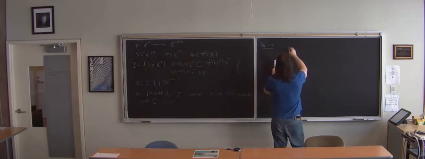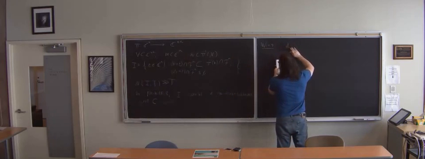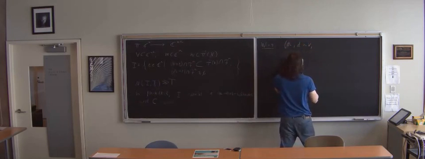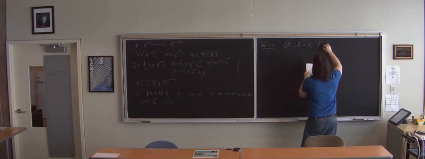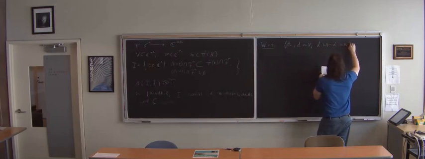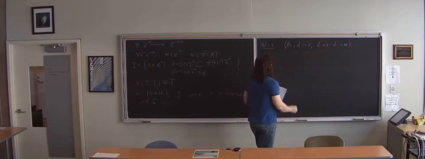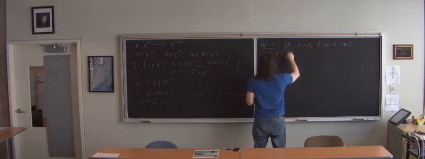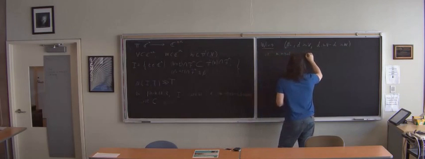So assume by induction that the triple n, the dimension of V, and the dimension of V minus the dimension of W is minimal lexicographically.